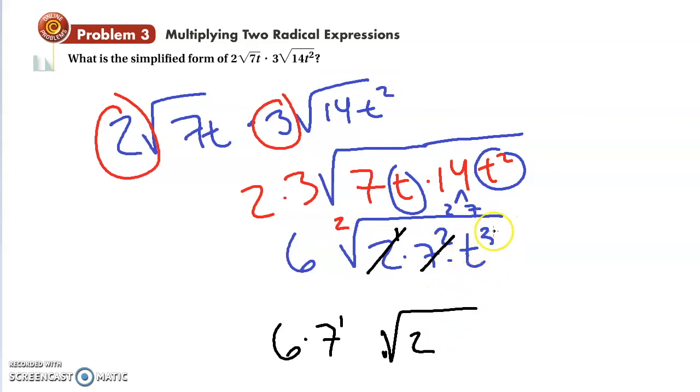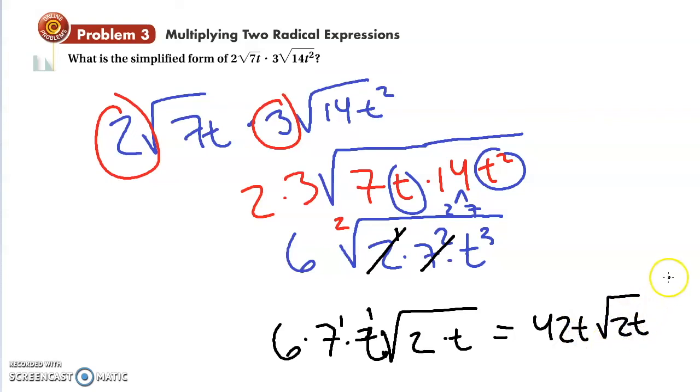And T has 3 tickets, and it costs 2 tickets to ride the ride. So that means that he can ride the ride once with 1 left over. You simplify all of these together. 6 times 7 times t is going to be 42t square root 2t.